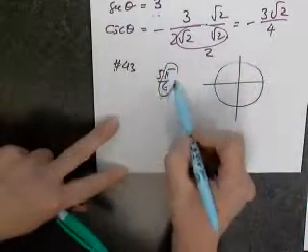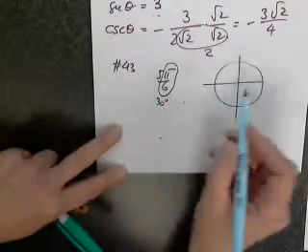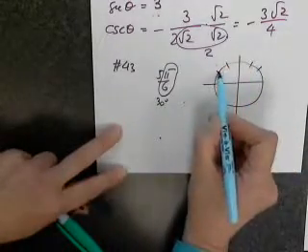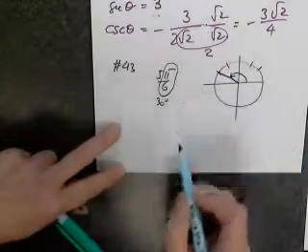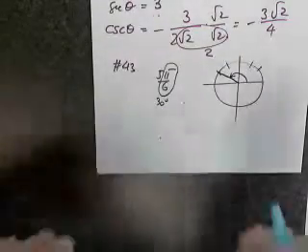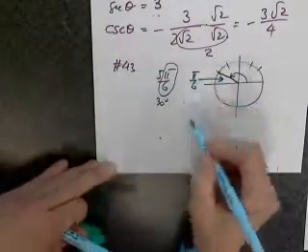What angle is this? 30. So I have 5 of those: 1, 2, 3, 1, 2. So this must be the angle that I'm talking about. So what is the reference angle? That's all we're asked to find. Exactly, pi over 6. Very good.